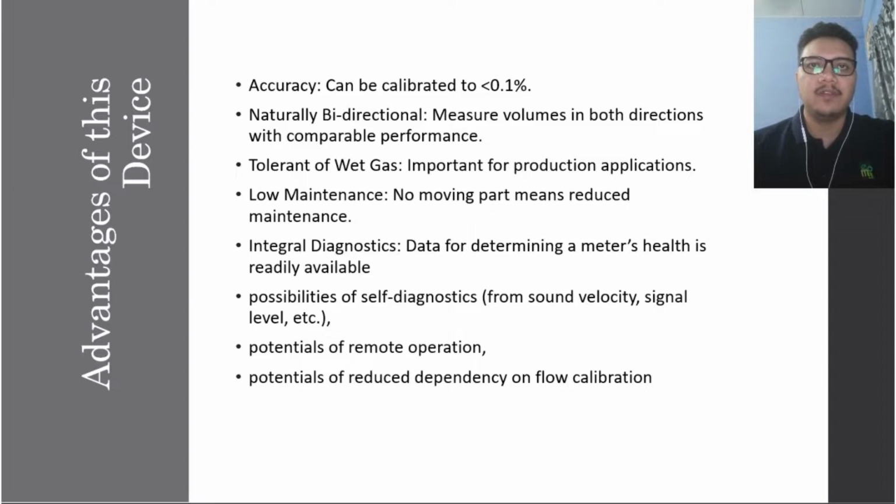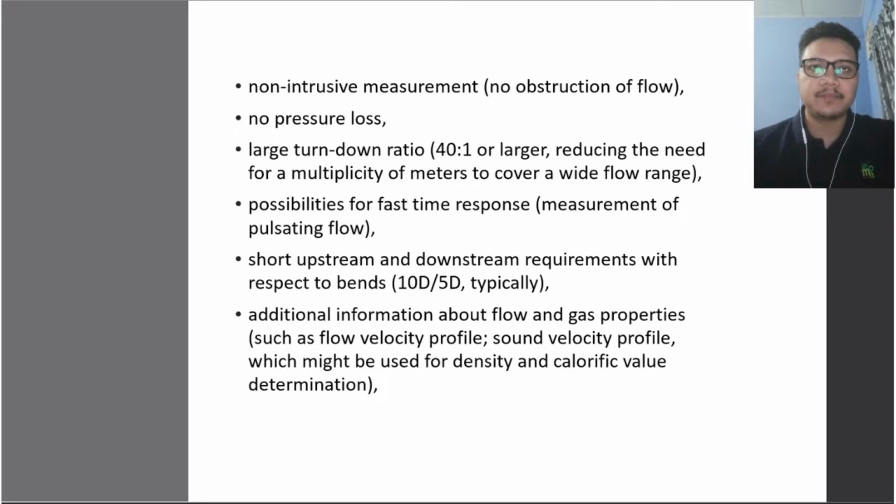Possibilities of self diagnostics. So next, it has potential of remote operation. Next, it has potential for reduced dependency on flow calibration. Next, it has a non-intrusive measurement, which means no obstruction of flow.